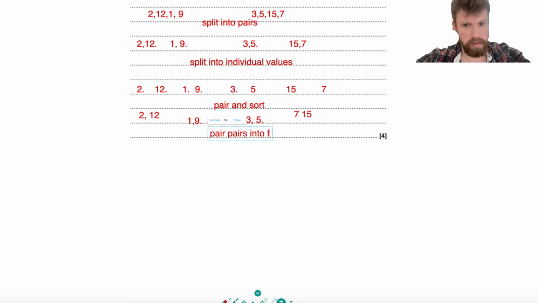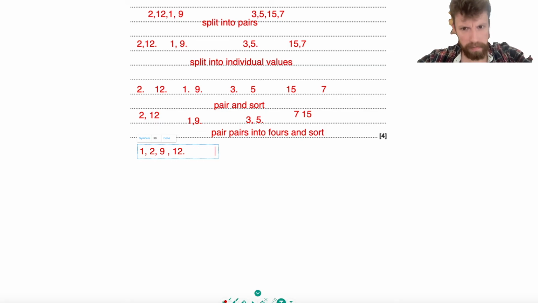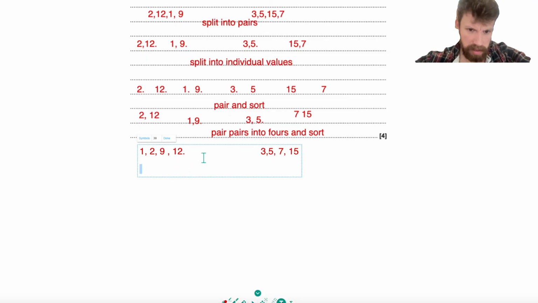Pairs into fours. Sort, so then that's going to give you 1, 2, 9, 12, and then over here what you've got is 3, 5, 7 and 15, which is kind of the same order, and then you just pair the fours up into 8s.